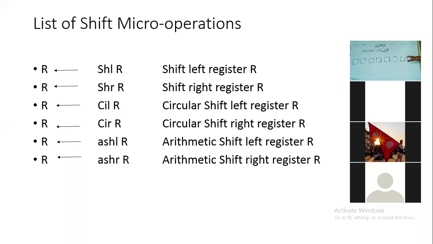Let us suppose we have an 8-bit register and these are 8 bits, and how we represent them? 0, 1, 2, 3, 4, 5, 6 and 7. The most significant bit is the sign bit.